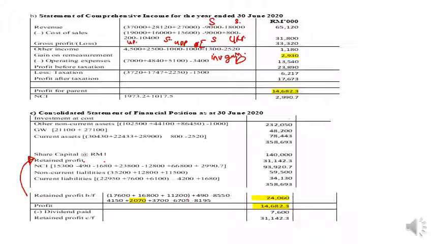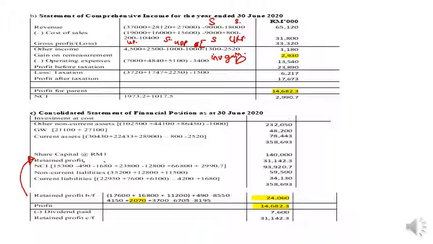Okay, and then operating expense, this one is from your journal entries. I just want to show how you derive your RE. All of this is from your journal entry. So you need to prepare the journal entry, and then for the items in the comprehensive income and the statement of financial position, you just add from the journal entries.